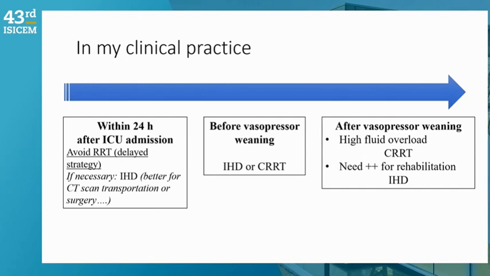But after vasopressor weaning, there are two possibilities. High fluid overload, I prefer to use continuous for gentle ultrafiltration 24 hours a day. But if you need rehabilitation, I prefer to use intermittent hemodialysis. Thank you very much for your attention.